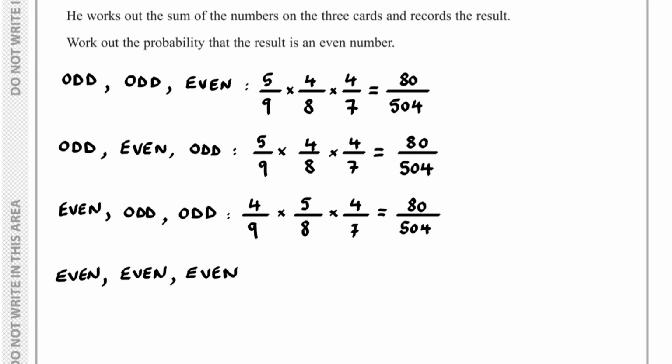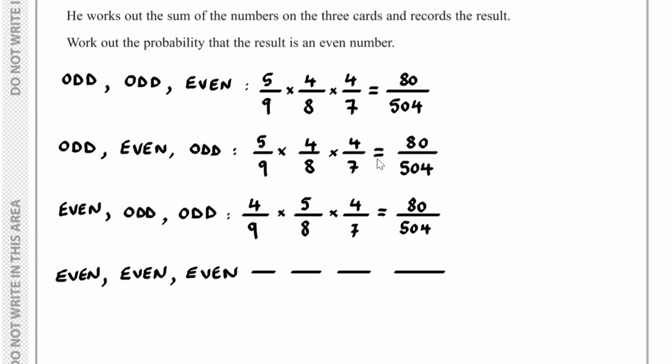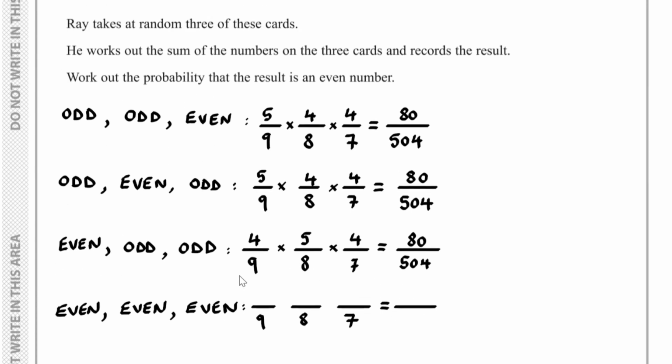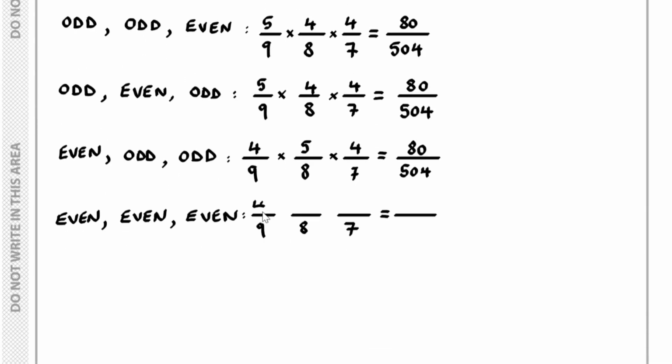Now let's think about selecting 3 evens. So if there's 9 numbers in total, how many of them are even? 4 of them. Now I've already selected 1 even, so how many is going to be left over? That's going to be 3.